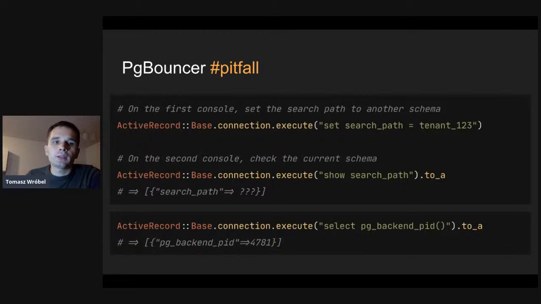And PG bouncer is, let's say, a proxy between your application and your DB server to limit the number of connections you can make to your DB server. And it works in three modes: transaction mode, statement mode, and session mode. Basically, if you run on transaction mode, which is often the default, you can end up mixing tenants' data, because the DB connections, so the Postgres session, is actually shared.